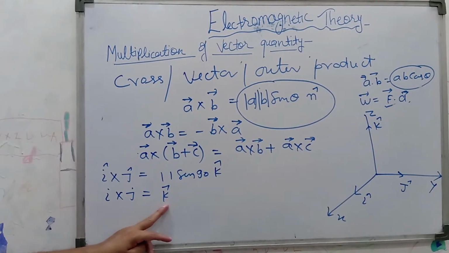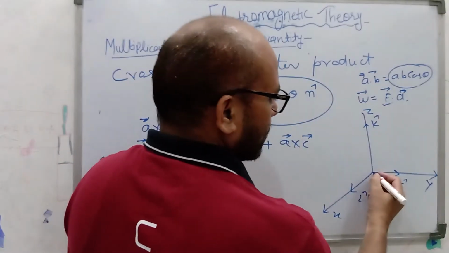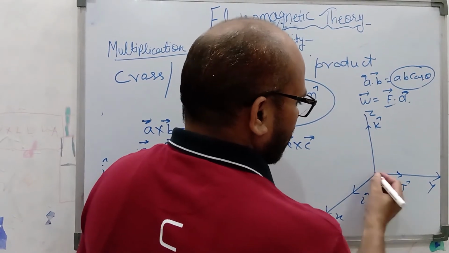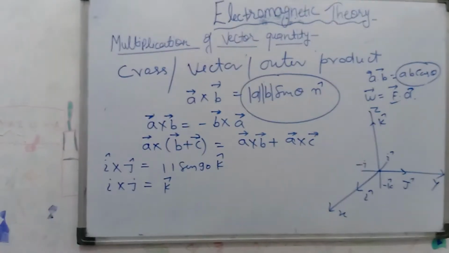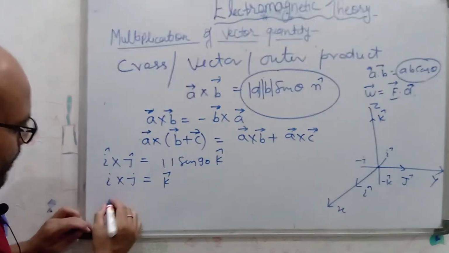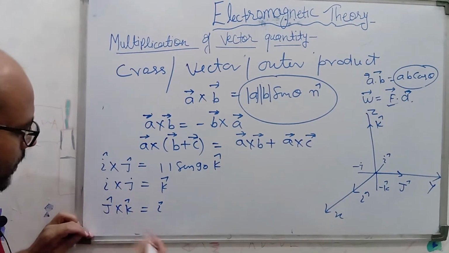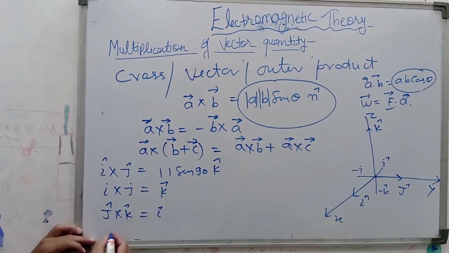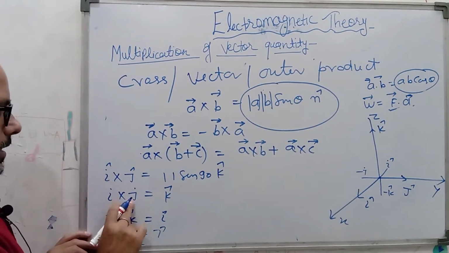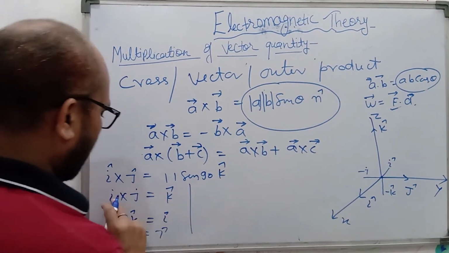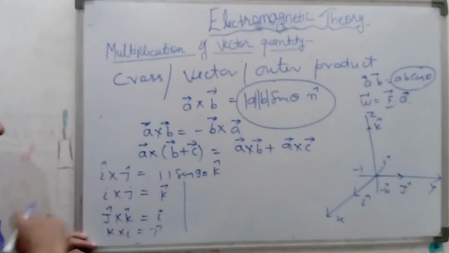Now suppose we change to minus j, in the downward direction, then minus k. In the same way, j cross k equals i cap, and k cross i equals j cap. Similarly, j cross i is minus k, k cross j is minus i, i cross k is minus j.